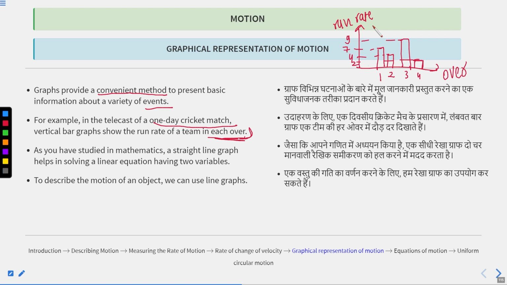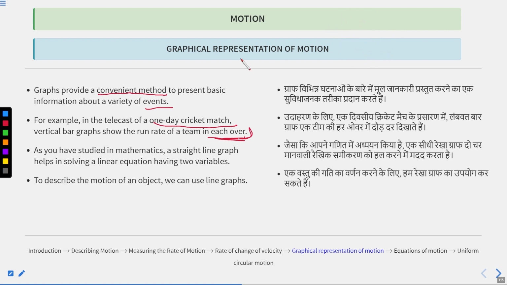So in ODI matches we mostly see this type of bar graph, which gives us information on how our team is doing, and it helps us understand the whole match.